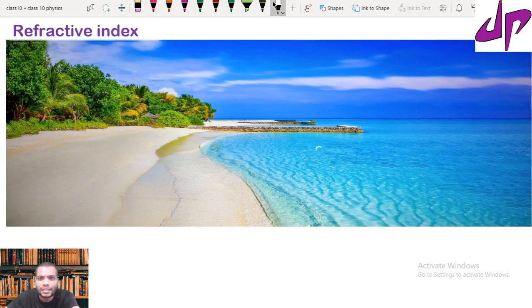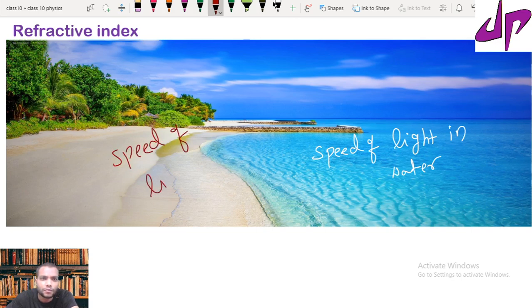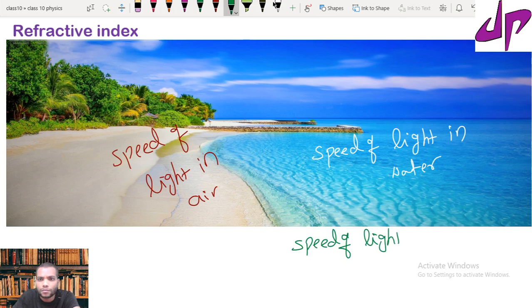Suppose I take here the speed of light in water, and here the speed of light in air. If you write this ratio, we have to divide these two: speed of light in air upon speed of light in water.